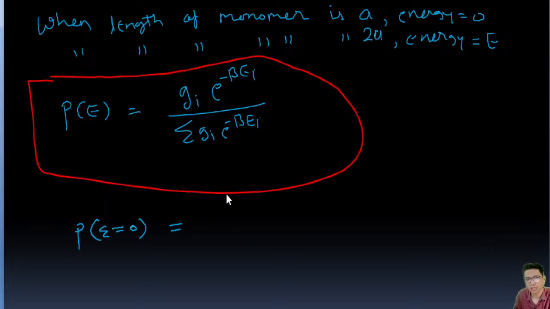The g_i value is 1, guys, the non-degenerate case.